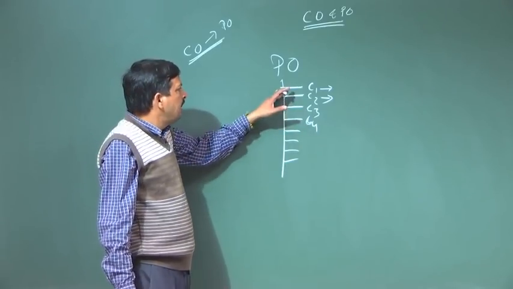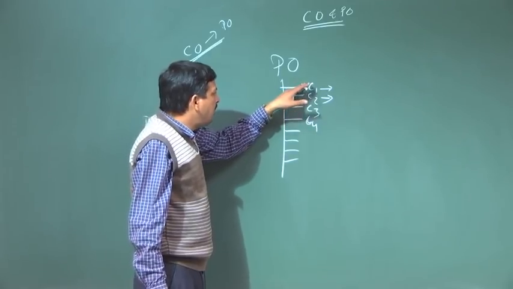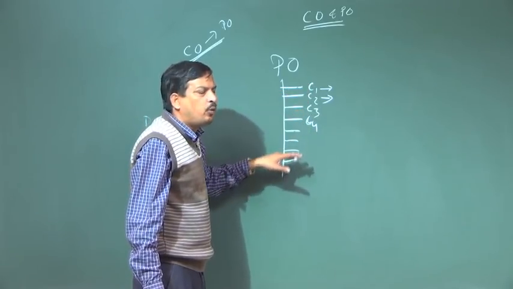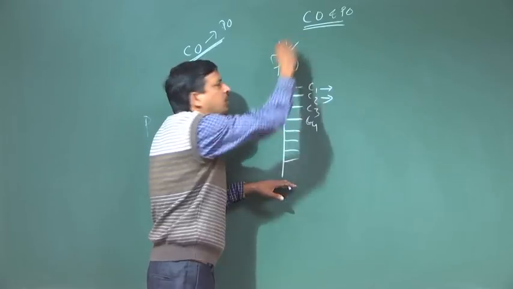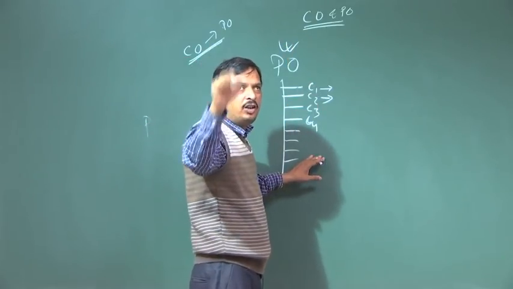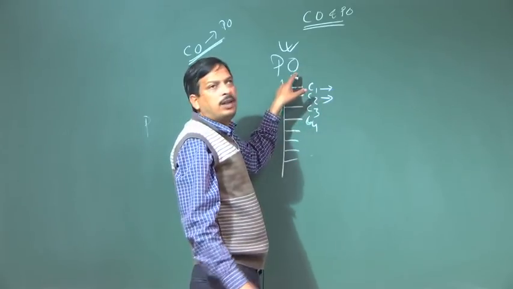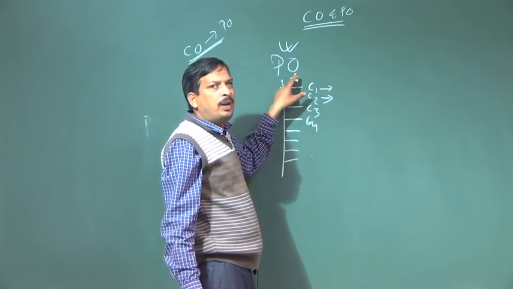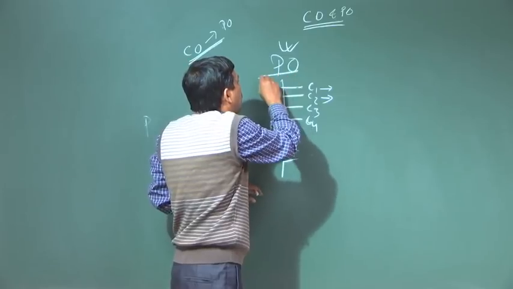So, I can say two things. What are the minimum courses required to attain this program outcome, and those are the courses required to be included in the curriculum to develop the program outcome. So, my ultimate aim is to develop the program outcome.